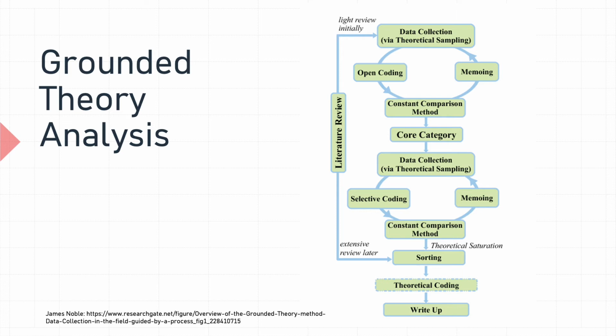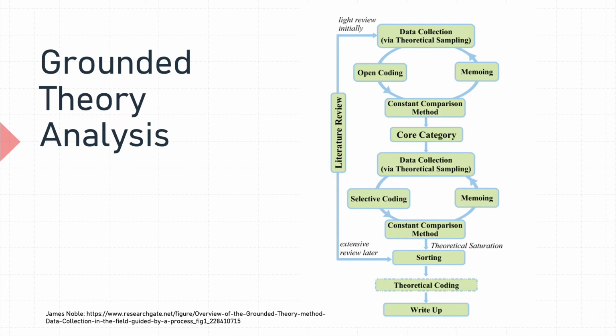And I provided you the link to the full article if you want to look at it. You will notice this involves a literature review. They start with an initial literature review to see what already exists.